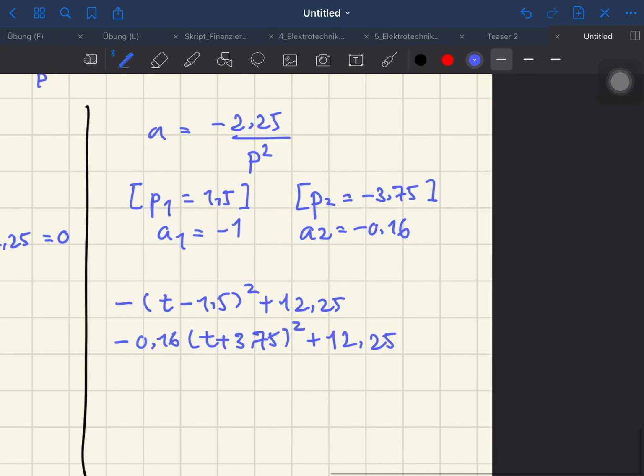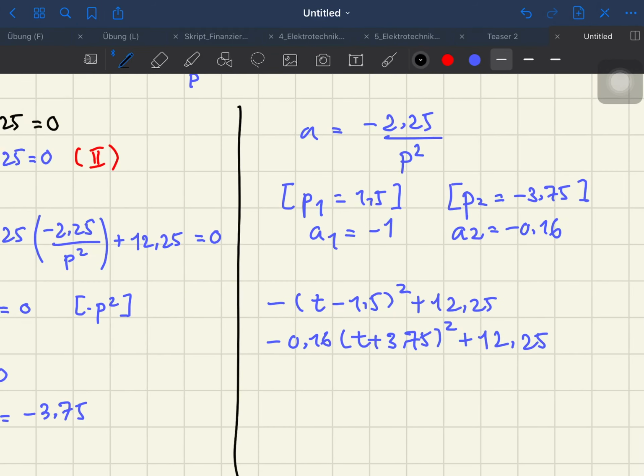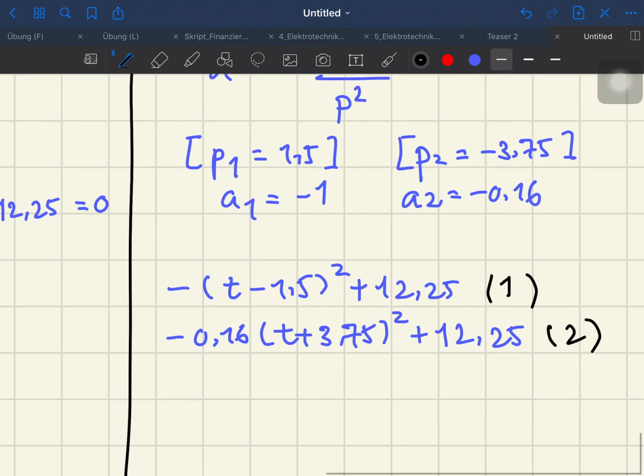How are we going to determine which pair is correct? This is pair 1, for a1 and p1, and this is pair 2, for a2 and p2.